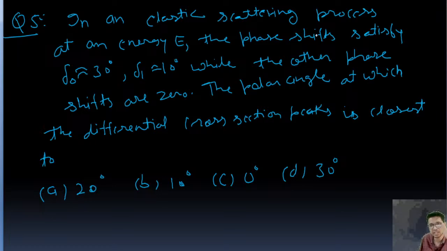So in an elastic scattering process at energy E, the phase shifts satisfy delta 0 almost 30 degree, delta 1 almost 10 degree, while other phase shifts are 0. We need to find that polar angle at which the differential cross section value is maximum, is closest to this. Simple question, formula based question. So I'm going to solve it.